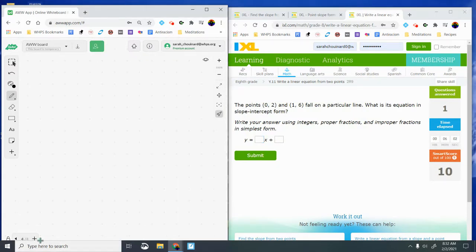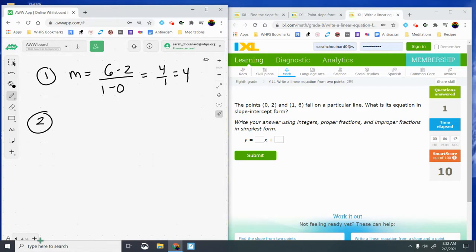All right, let's try this one. So first, we find the slope. So 6 minus 2 over 1 minus 0 is 4 over 1, which is 4. Then I'm going to plug the slope and one of the points into point slope form. So it's going to be y minus 2 equals 4 times x minus 0.